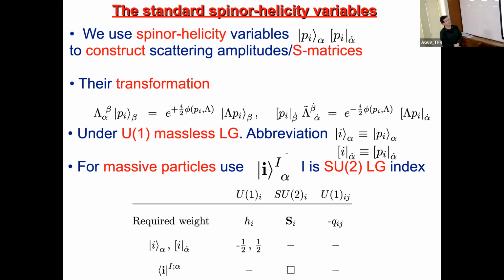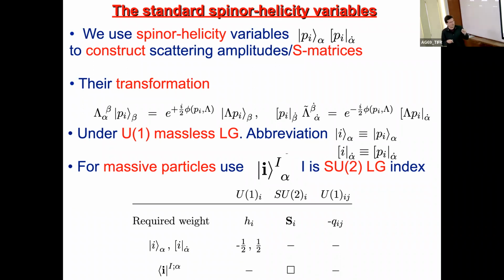The main property of the spinor is that under a Lorentz transformation, it picks up exactly the right little group phase if it's a massless particle. This would be the little group helicity. If it's a massive particle, then it's going to have another spin quantum number.